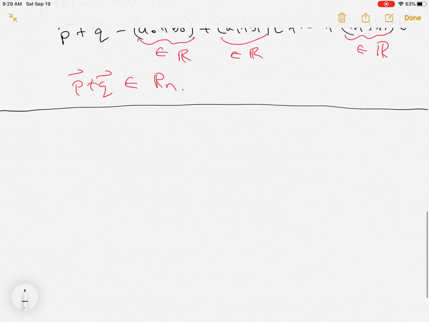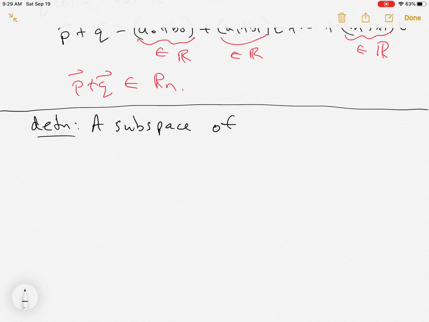Okay, and so now we're going to go back to a definition we've been using, but now it's going to be for any vector space and not just Rn. A subspace of a vector space V has these three properties.